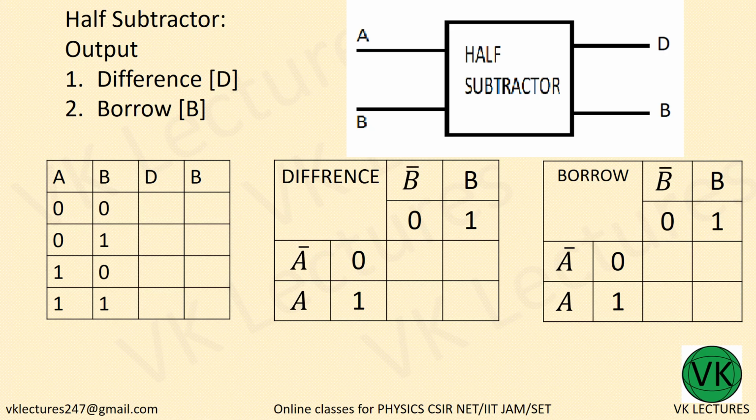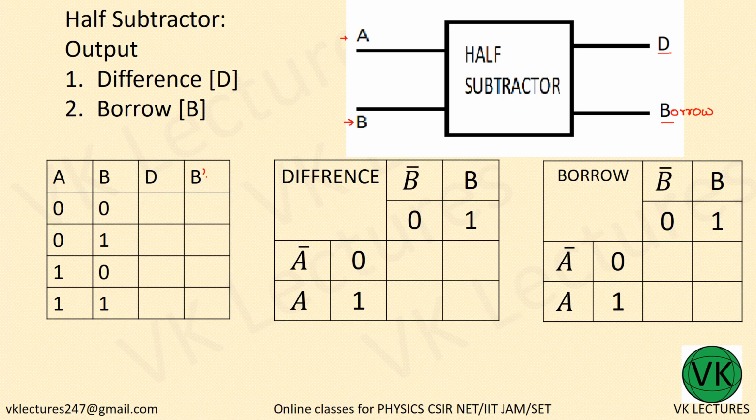So here is the half subtractor, where there are two inputs, A and B, and D and B, let's write borrow just to avoid the confusion, are the output terminals, which are the difference and the borrow. So difference, you write borrow one slash.